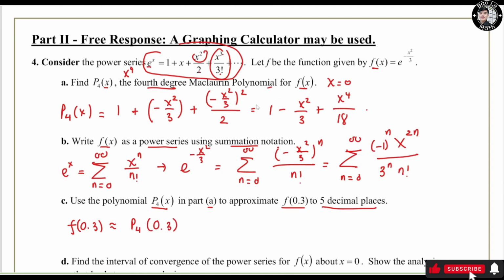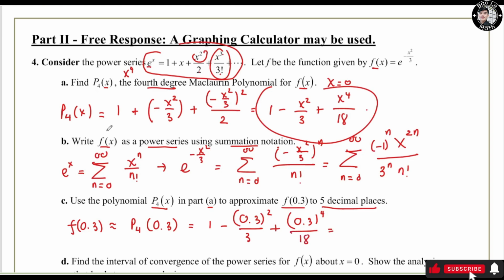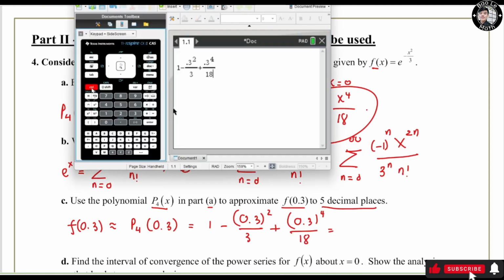So it could be this right here equals 1 minus 0.3 squared over 3, right? Plus 0.3 to the 4 over 18, right? Now I'm going to bring up the calculator and then press Ctrl Enter. Now it's going to be 0.97045, right?